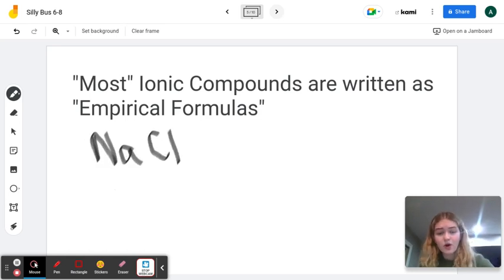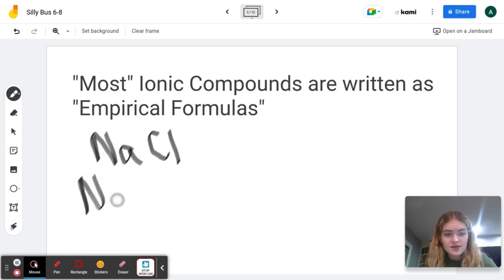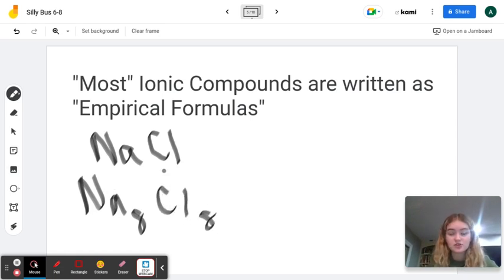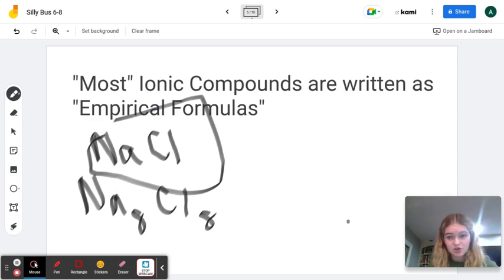In its simplest form, it's a 1-to-1 ratio, but I wouldn't write it as this when writing an ionic compound. Yes, it still has the same ratio as this. However, this first one is in its simplest terms, whereas this is not.